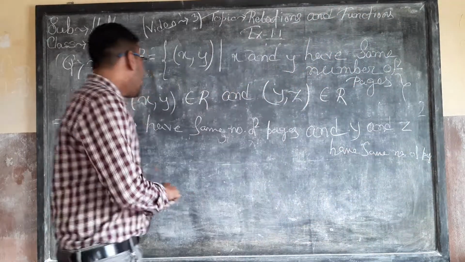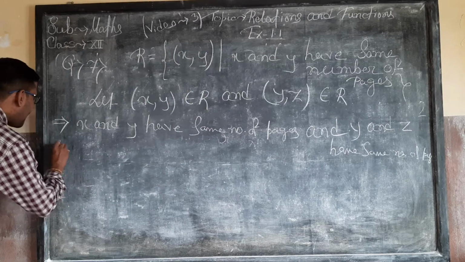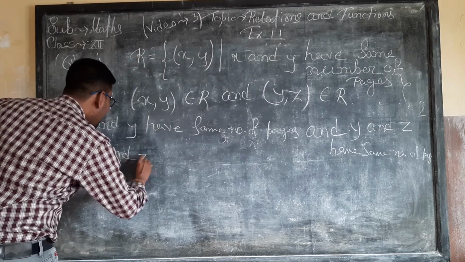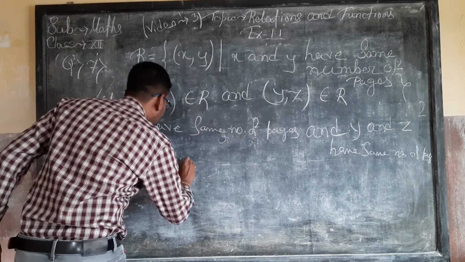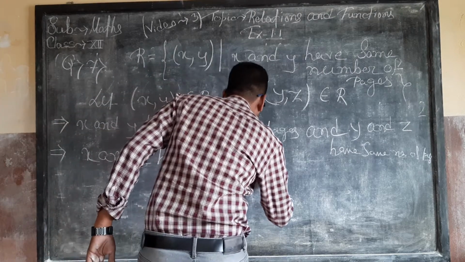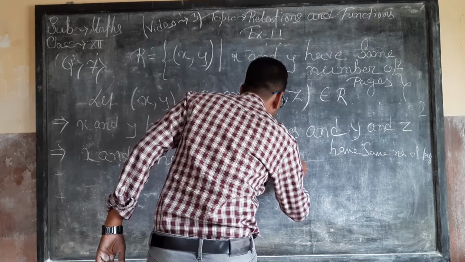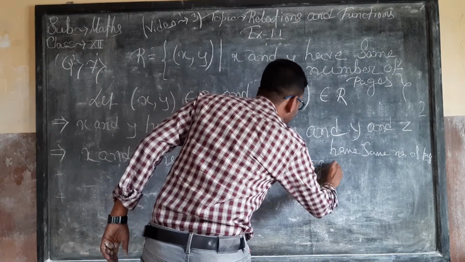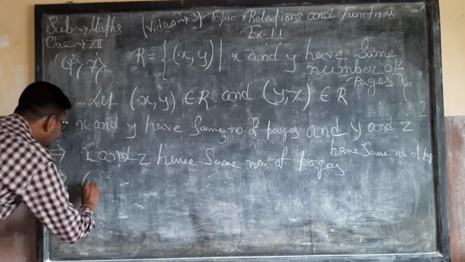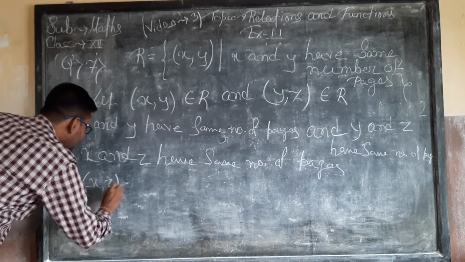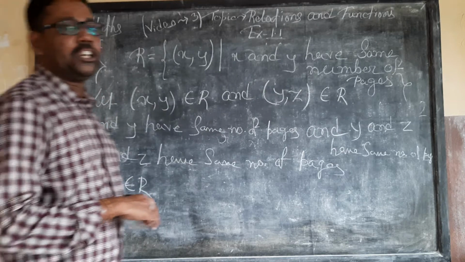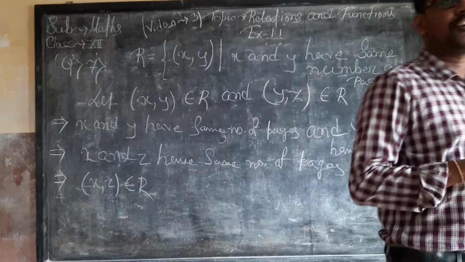From this we can write that x and z have the same number of pages, and from this we can easily write that (x, z) also belongs to R. That means this relation also satisfies the transitive criteria.